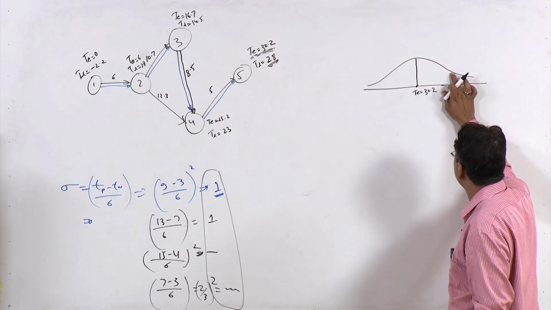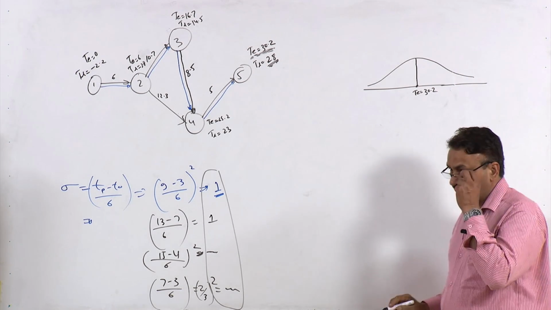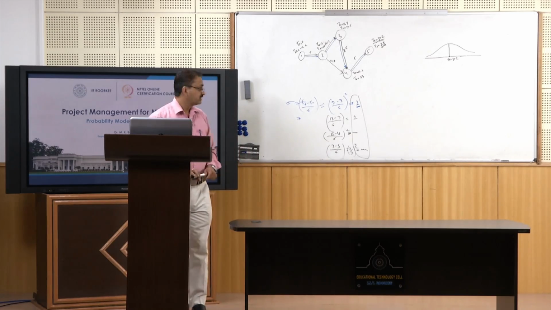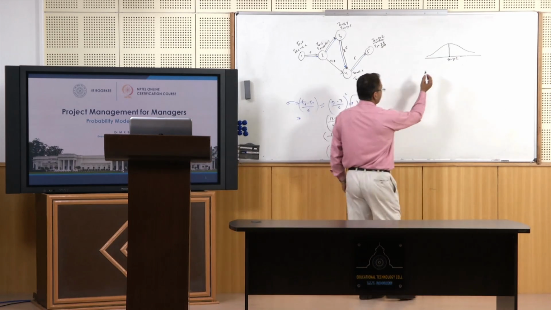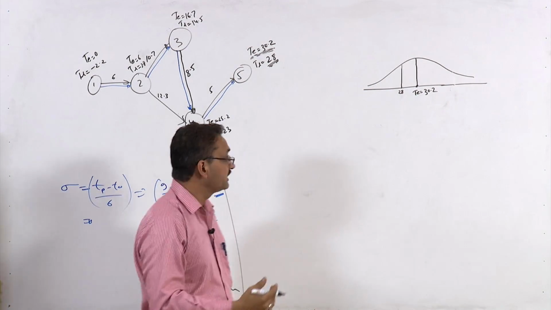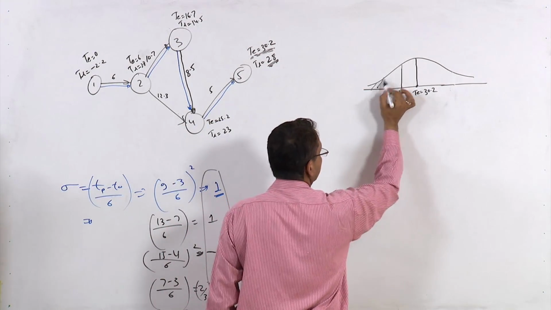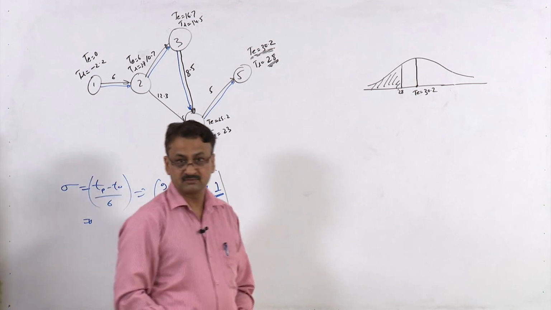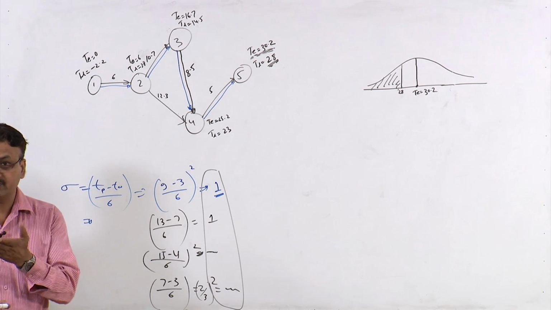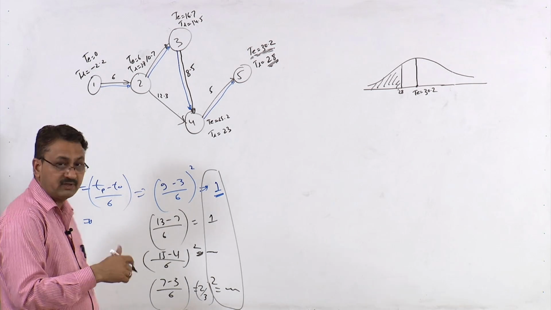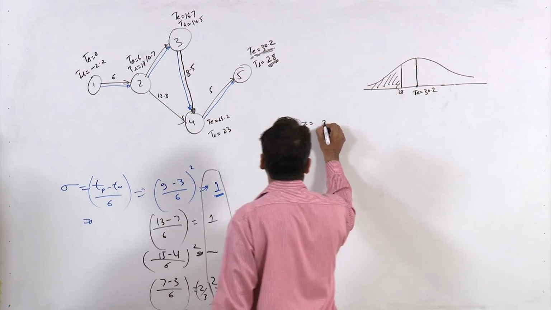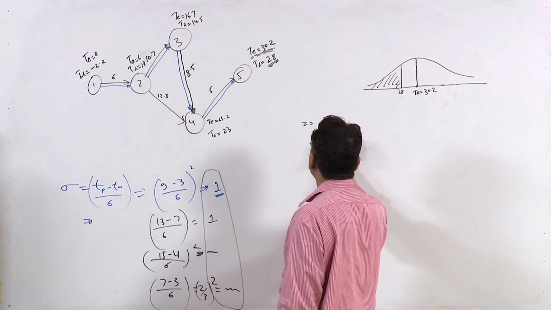In our question, we have been given this TS as 28, right? So what is the probability of completing this project in 28 days? It would be less than 50%, but what is that value? For that you need to calculate the Z value. Z is equal to x minus mu divided by the standard deviation.